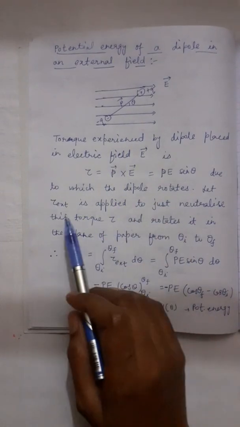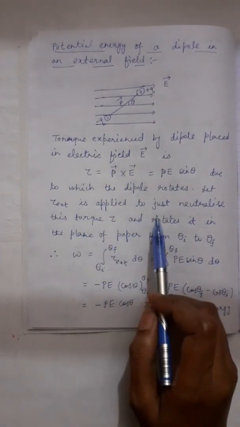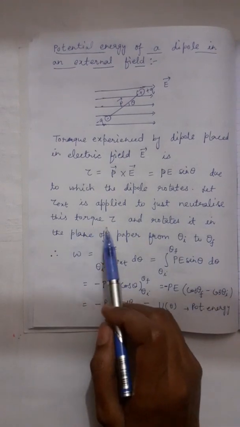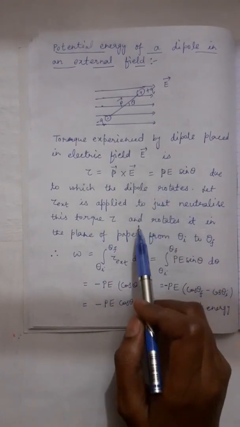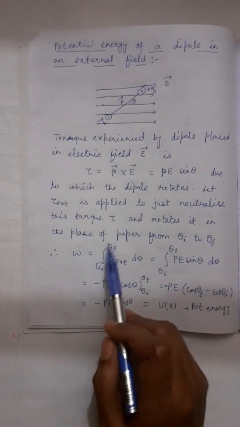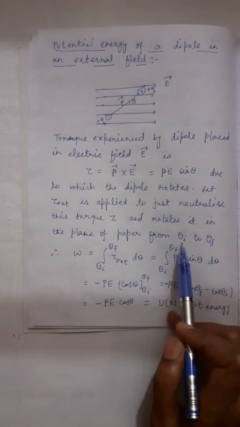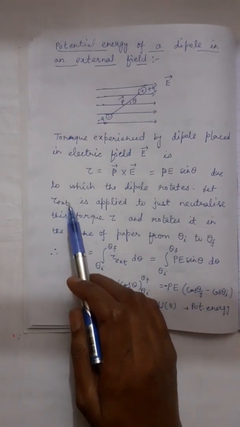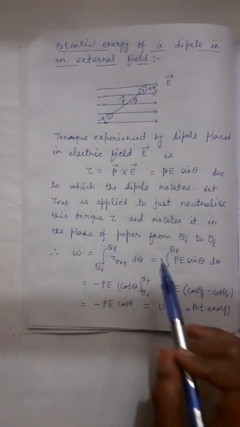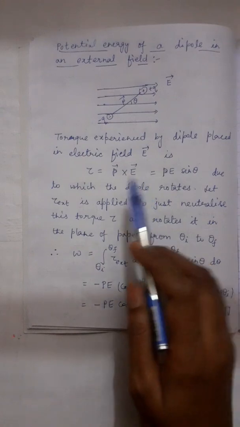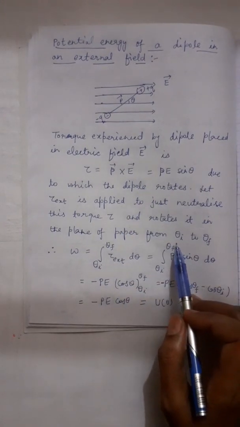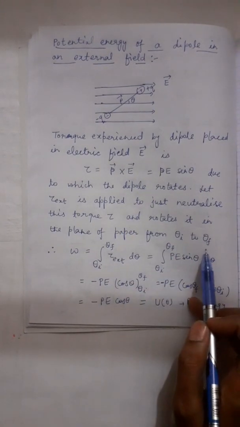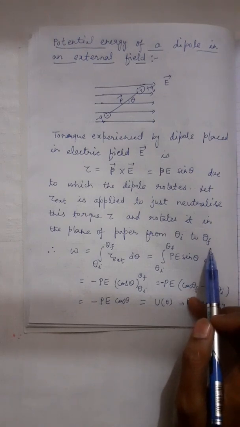So tau external is applied to just neutralize this torque tau and rotates it in the plane of paper from theta i to theta f. Suppose due to this external torque, the dipole will rotate from the initial angle theta i to the final angle theta f.